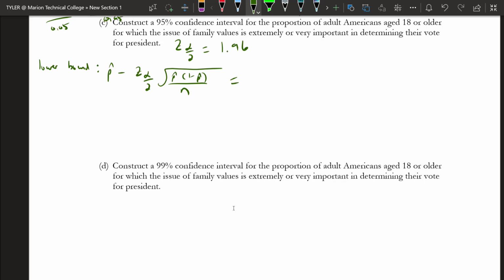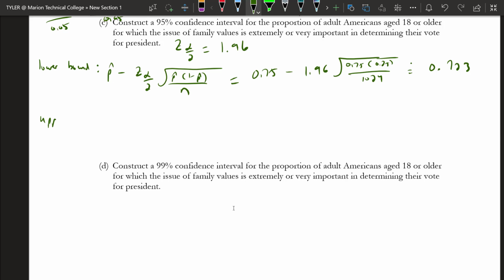So if we plug in all these values that we know, this would be 0.75 minus 1.96 times the square root of 0.75 times 0.25 divided by n, which is 1024, right? So plugging that in your calculator, you should get that that's approximately equal to 0.723, right? Rounding to 3 decimal places.